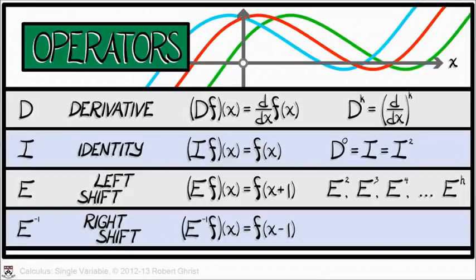But note that this right shift, E inverse, really is the inverse of E. If I multiply E to the negative 1 times E, I get E to the 0, or the identity operator. And of course, this works whether I multiply E inverse by E or E by E inverse. This means that I now have a nice language for doing algebra with these operators.